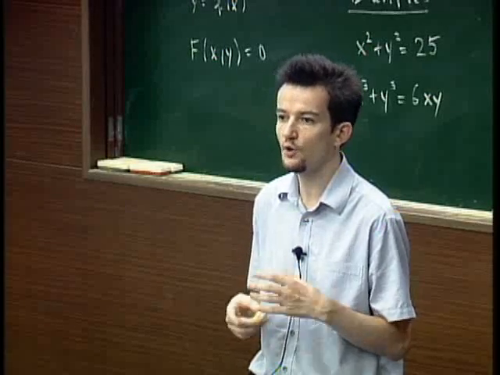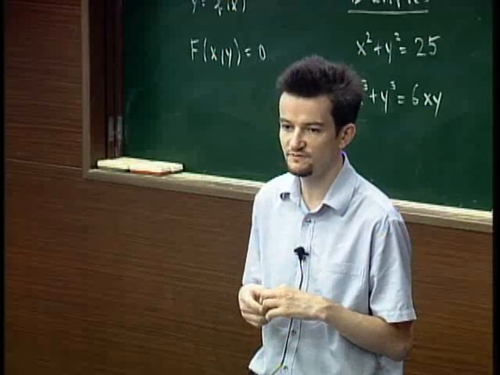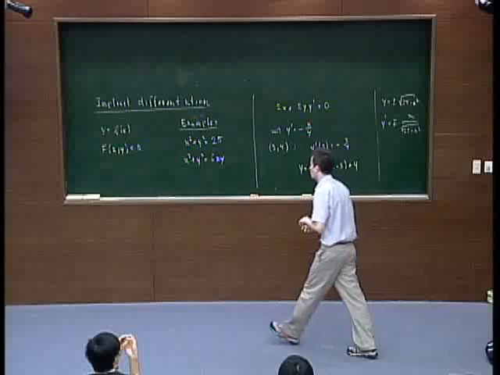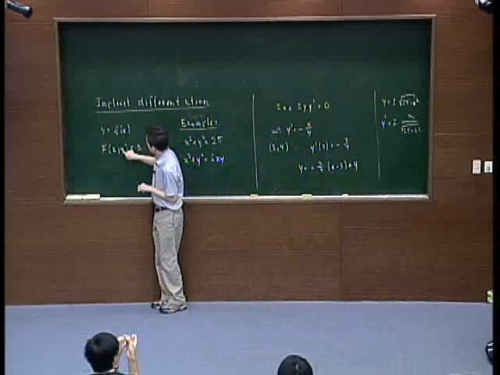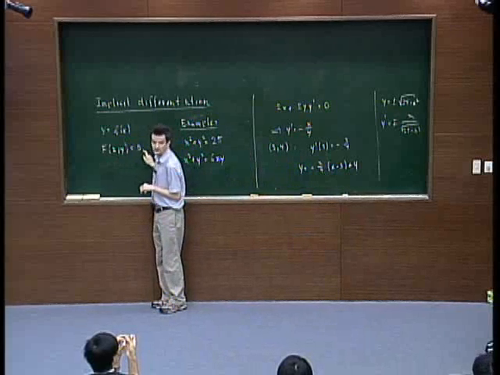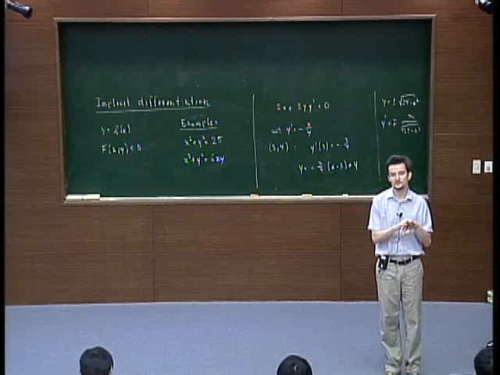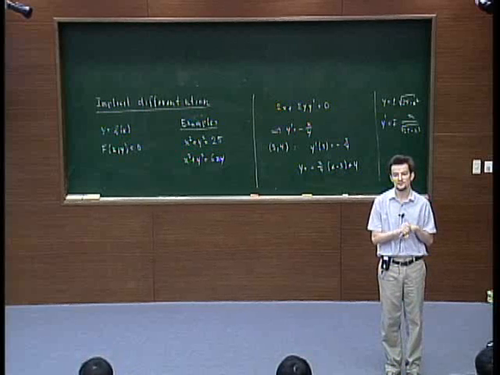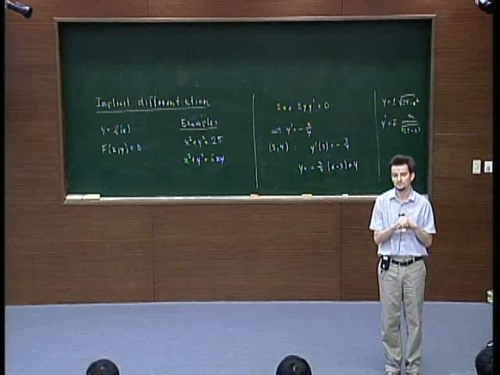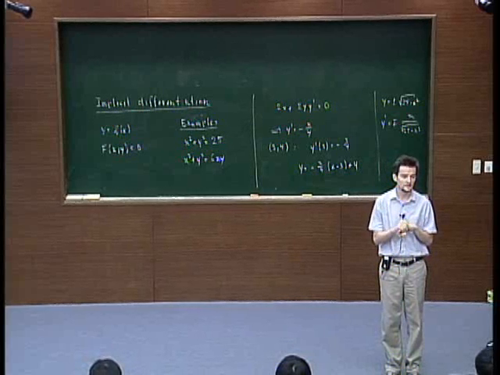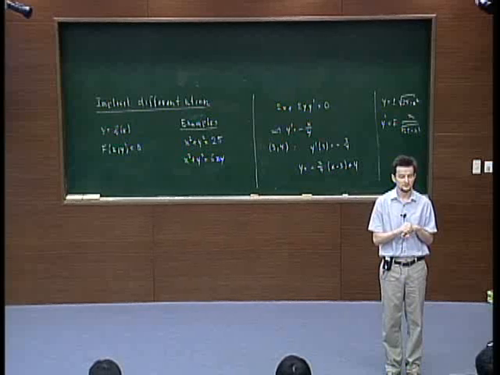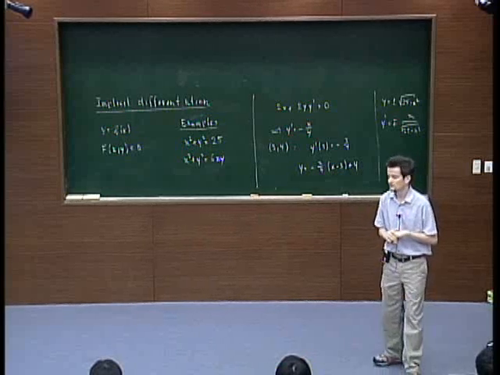So we always assume, if we use this method, that there is a function which solves this equation when you plug it in for y, and that the function is differentiable. The real justification for this method, as I explained last time, is a deep, complicated theorem in real analysis, and you will learn it in other classes.